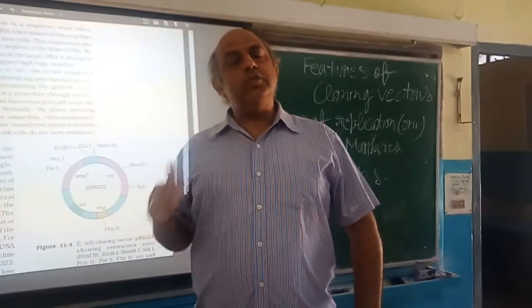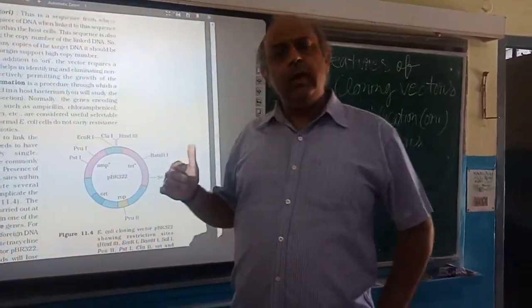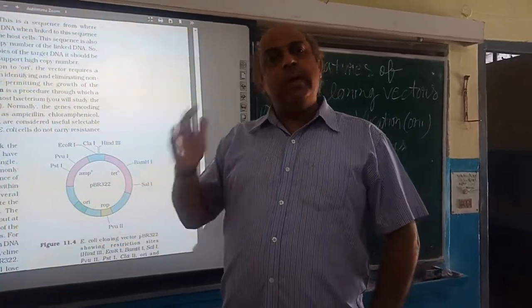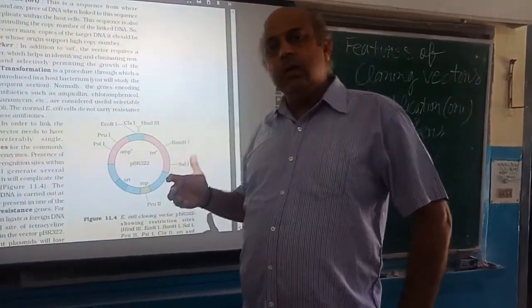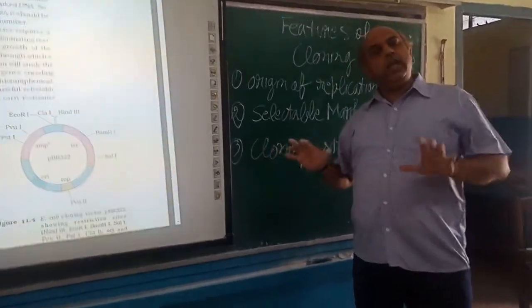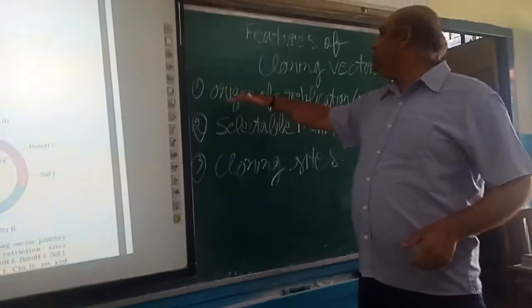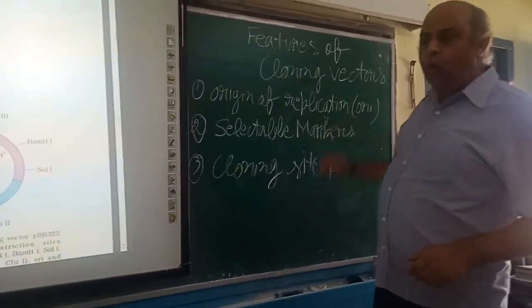Now, we are going to see the features of cloning vectors. Over here, we are using a plasmid as a cloning vector. These are the features that must be present in a cloning vector. The first is origin of replication, ORI.